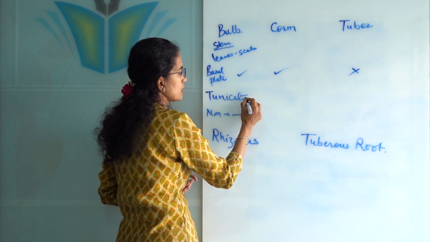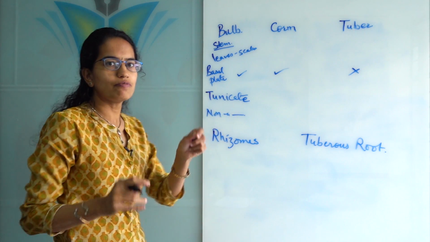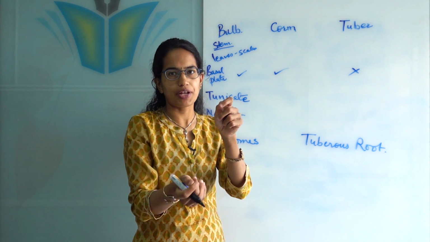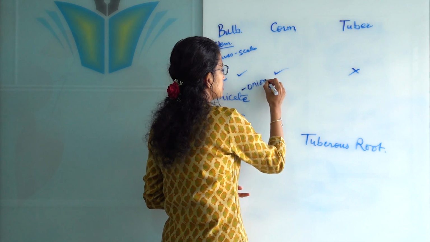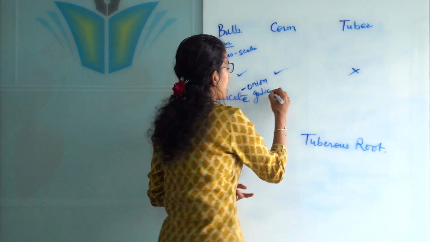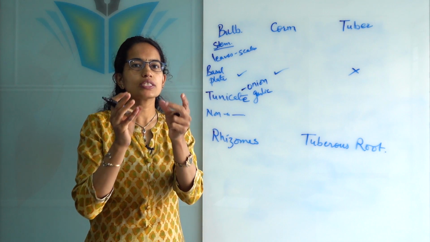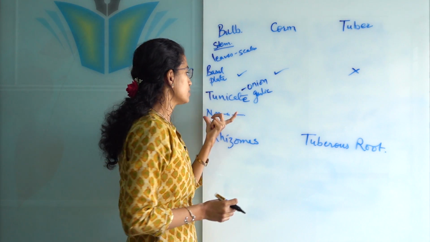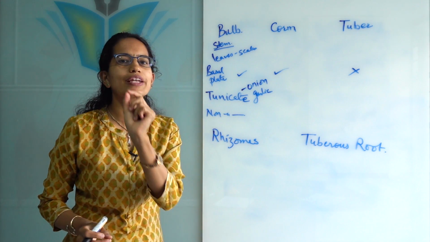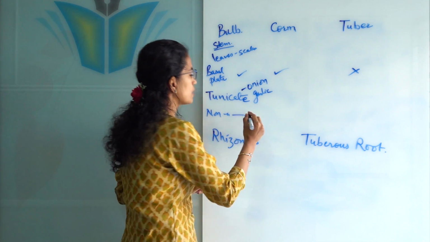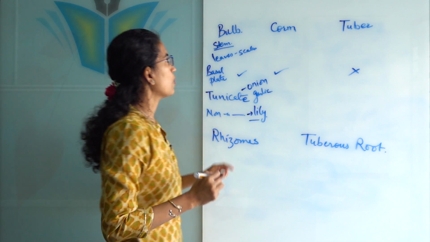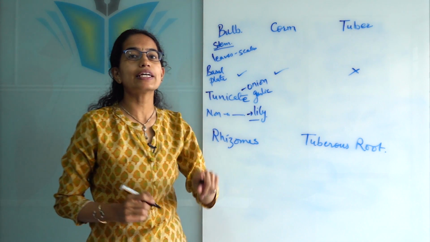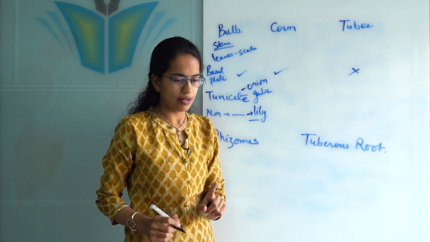What is the difference? Tunicate is one which has a papery covering. Good examples are onion, which I already cited, and garlic. They have an outer cover which is papery. However, non-tunicate bulbs do not have this papery covering. A good example in this case would be lily. So that's how we understand what is a true bulb.